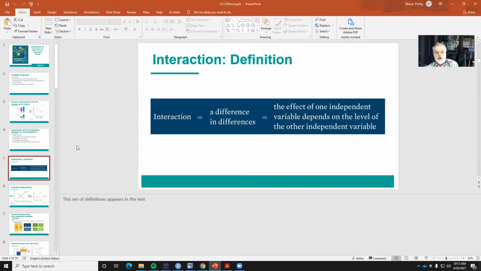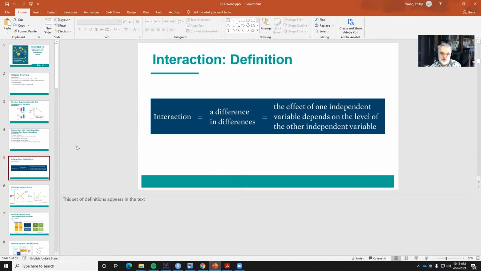As we're looking at a language for interactions, very frequently we say there is a difference in differences. If I place men in a situation where they are exposed to alcohol ads and not exposed to alcohol ads, and ask them in each condition how much they would crave alcohol, perhaps the difference between those two conditions is different than it would be if women were similarly placed in those two situations.